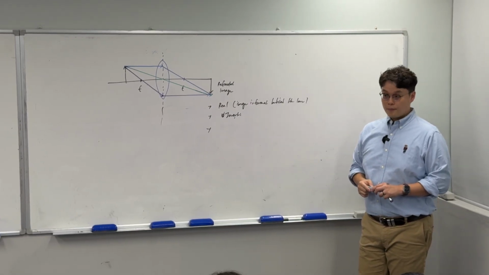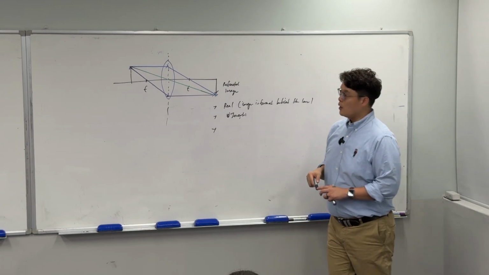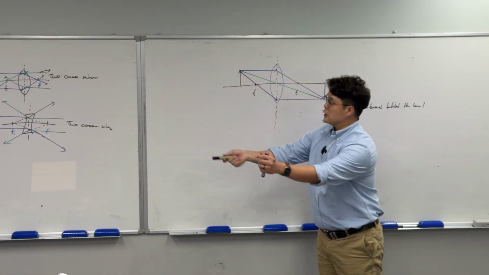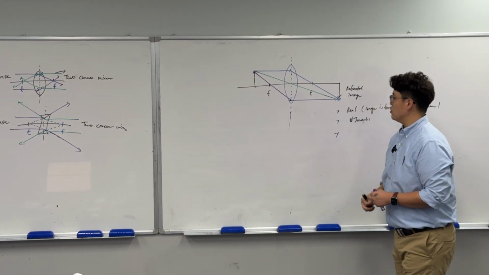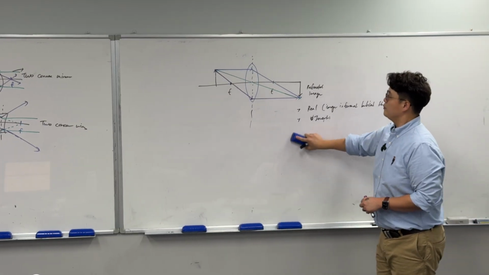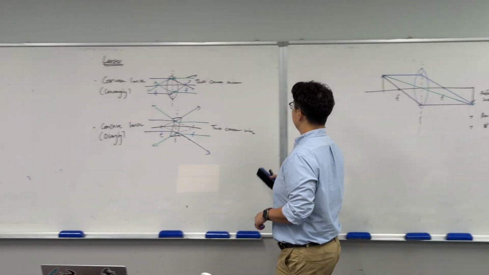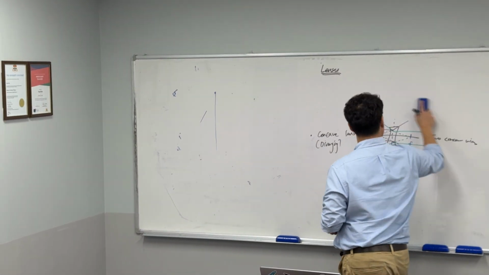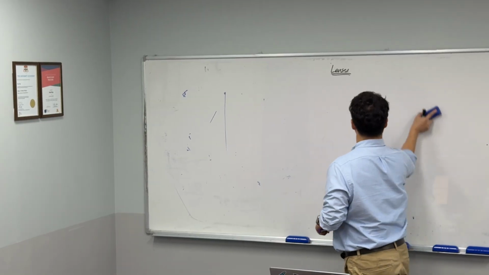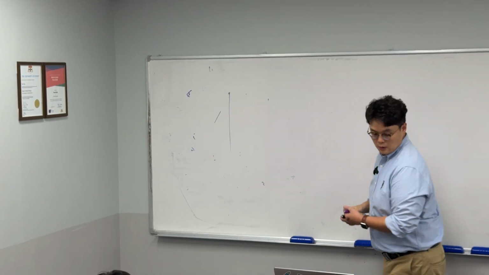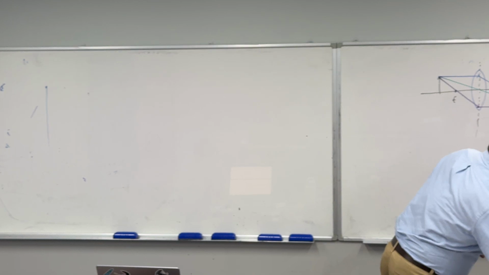Okay, are we good up to this point? What about the diverging lens, which is a concave lens? Do the same thing again.